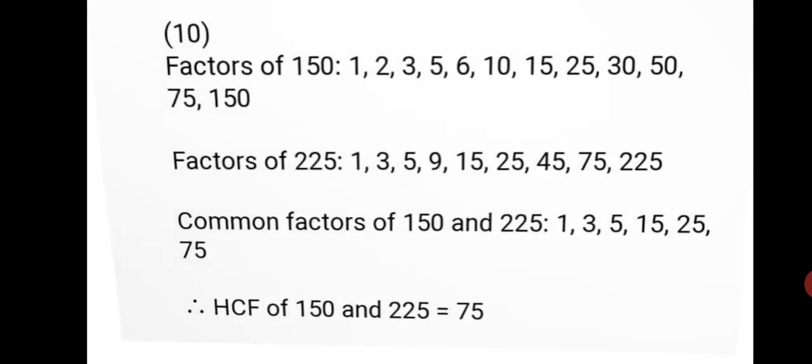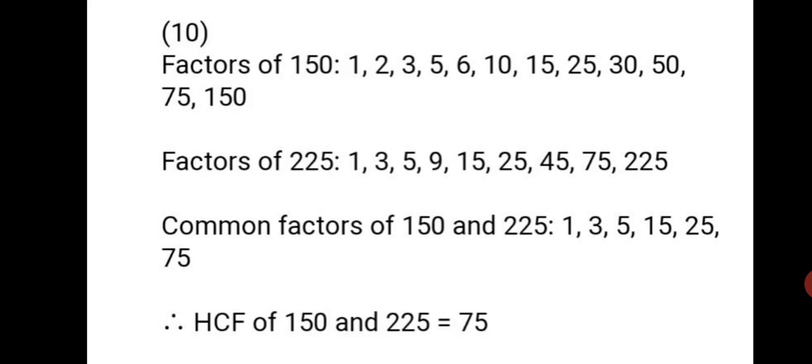10th sum, factors of 150: 1, 2, 3, 5, 6, 10, 15, 25, 30, 50, 75 and 150. Factors of 225: 1, 3, 5, 9, 15, 25, 45, 75, 225.